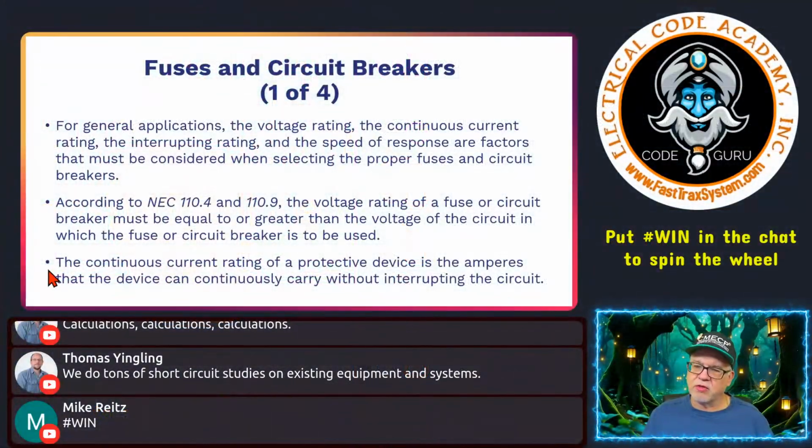All right, so the continuous current rating of a protective device is the amperes that the device can continuously carry without interrupting the circuit. If it is a 100% rated breaker and it's rated for 20 amps, it can carry a 20 amp load indefinitely, and it's not going to affect it.